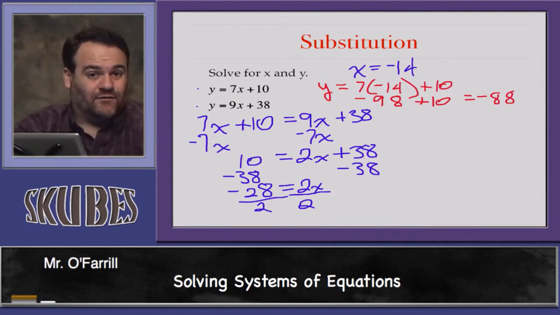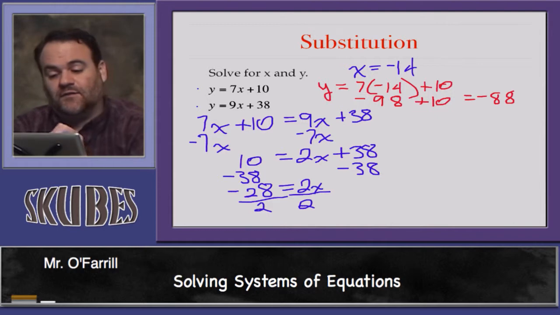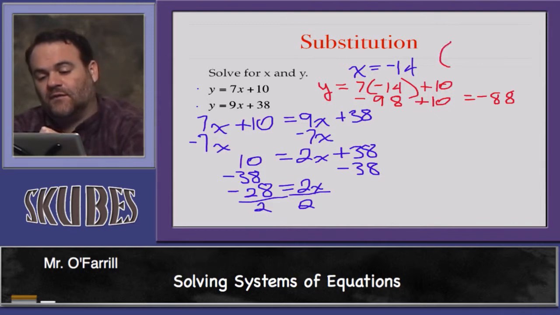So I believe that the final answer for this is going to be the ordered pair (negative 14, negative 88).